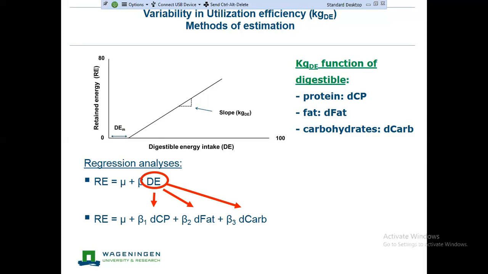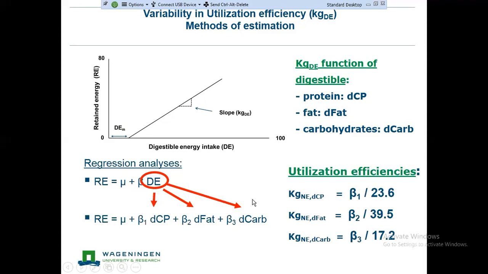So DE actually is a function of digestible protein, digestible fat, and digestible carbohydrate. So this is the DE approach, and we move into the NE approach, in which we distinguish the contribution of each digested macronutrient to retained energy.